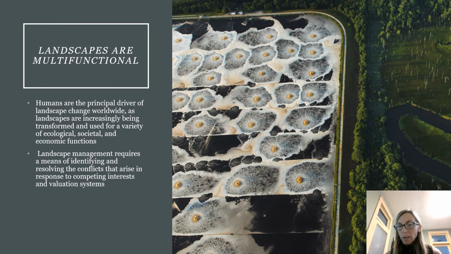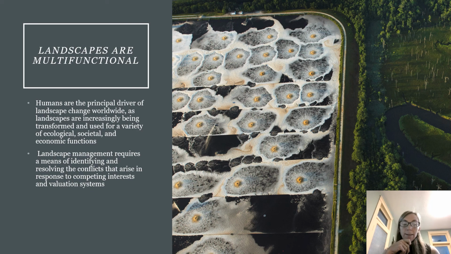Landscapes are multifunctional. This premise is important to keep front of mind. The principal drivers of landscape change are humans, and as landscapes are being transformed and used for a variety of ecological, societal, and economic functions, understanding those interactions and even the payoff and how we're valuing landscapes is essential.